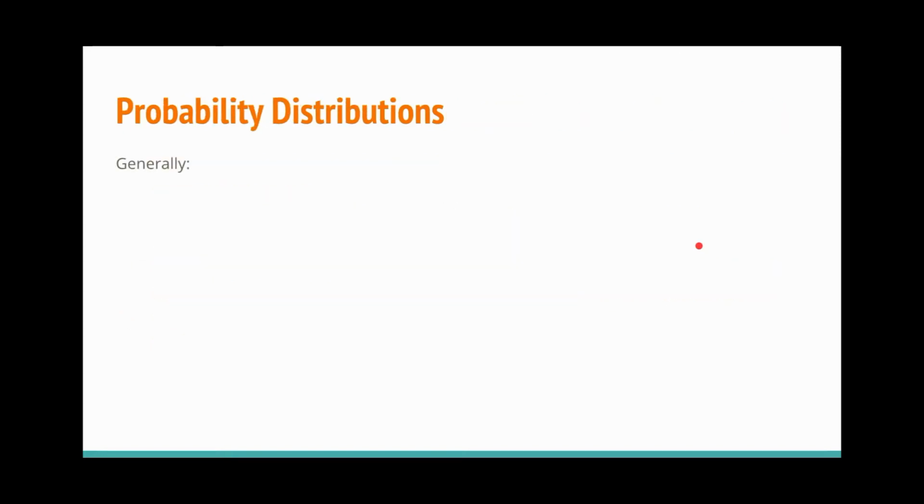So just a few things to remember about probability distributions. First, they're a list of all the possible values that a random variable can take on and the associated probability with each one. Remember, a random variable is just a measurement of an outcome.